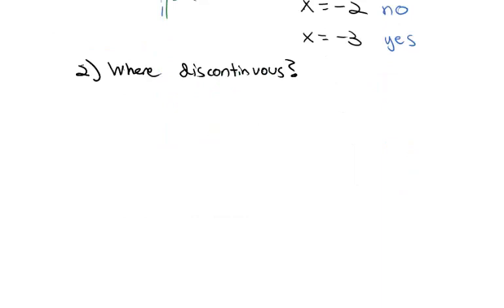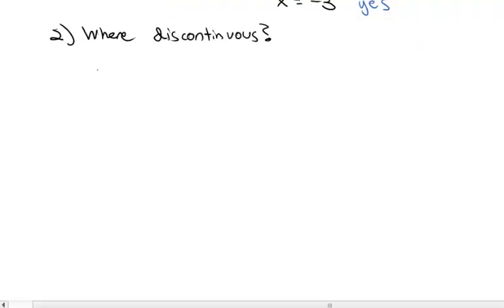Where is the limit going to be different than the value when you plug it in? This is another funny way to ask the question, what is the domain? Think about how we did domains back in Unit 1. If we had f of x is equal to x plus 2 over x squared plus 5x plus 6.